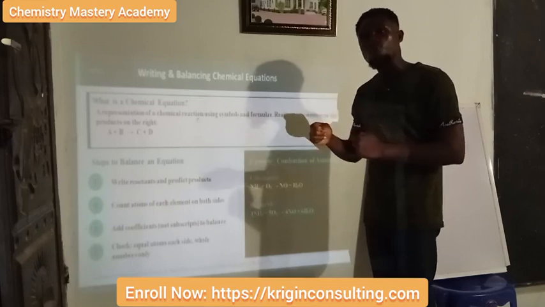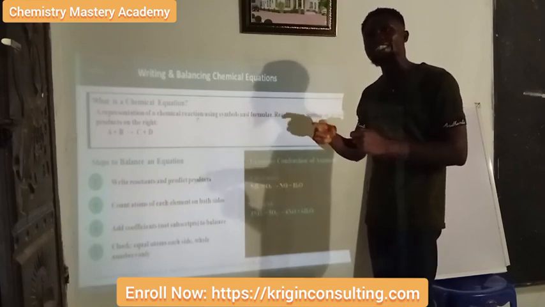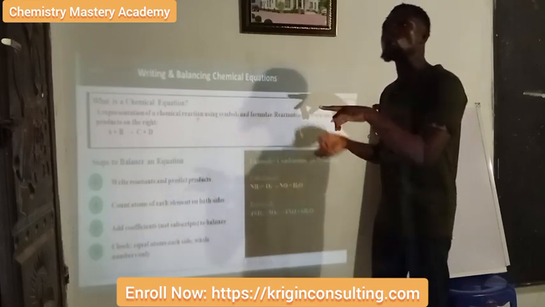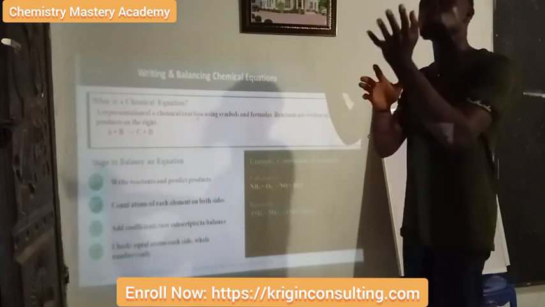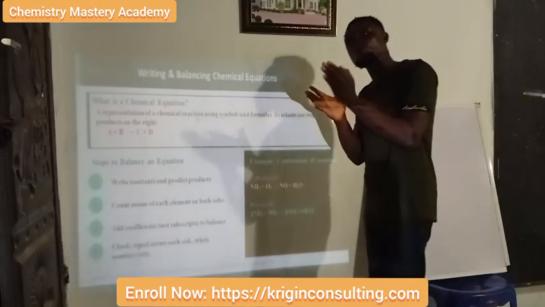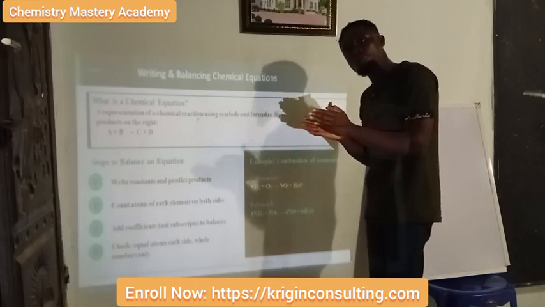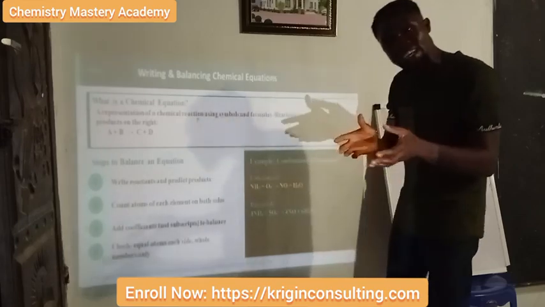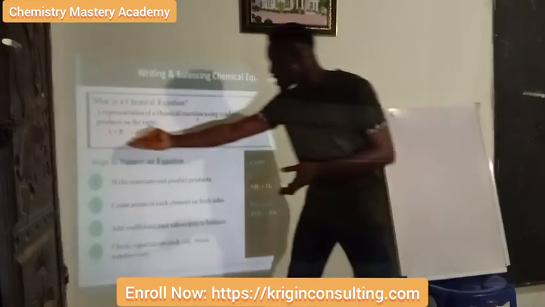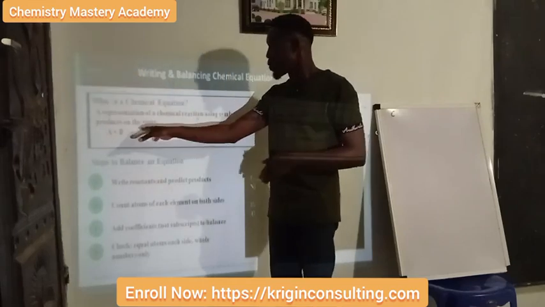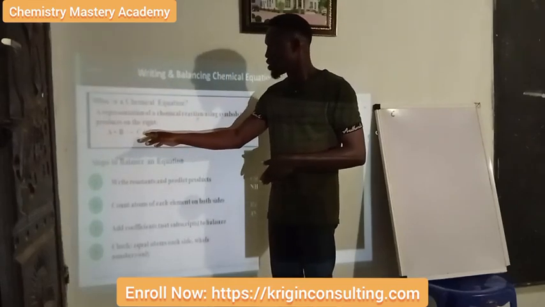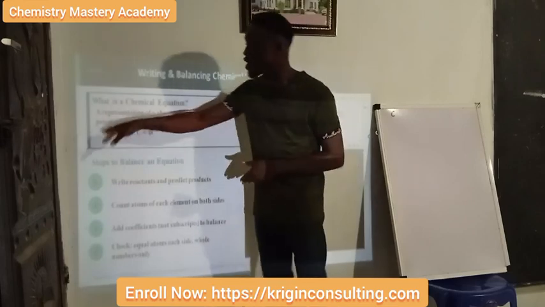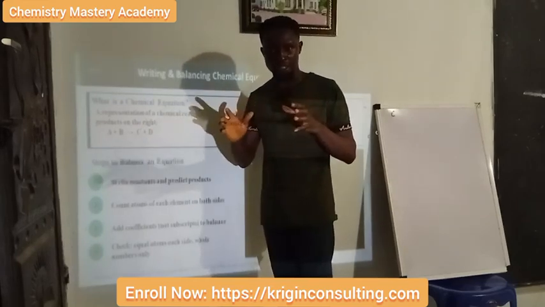If the number of atoms in the product side is greater than the number of atoms in the reactant side, you need to go to the reactant side and increase the number of atoms so that it is equal to the number of atoms you have in the product side. If the number of atoms in the reactant side, the left hand side, is greater, you come to the product side and make sure you increase the ones there so that it's equal to what you have in the reactant side.